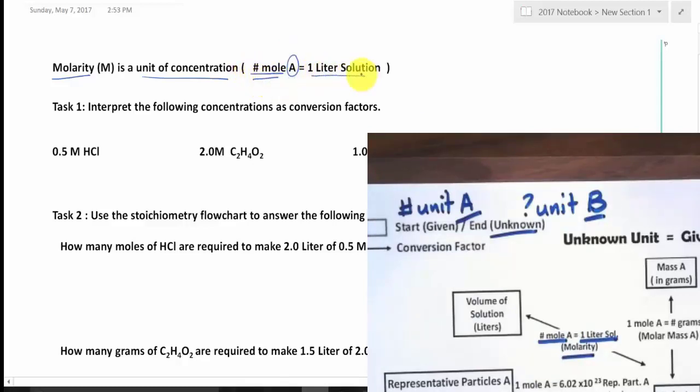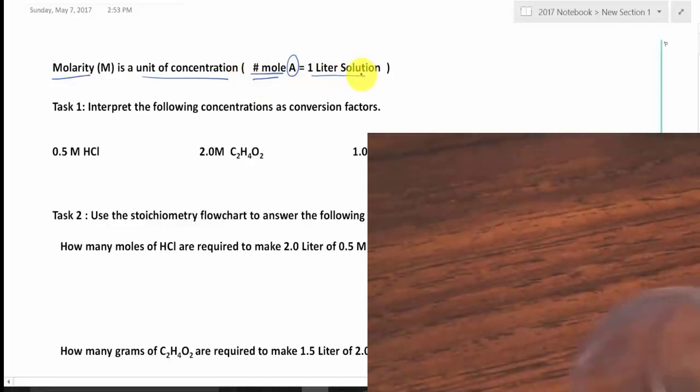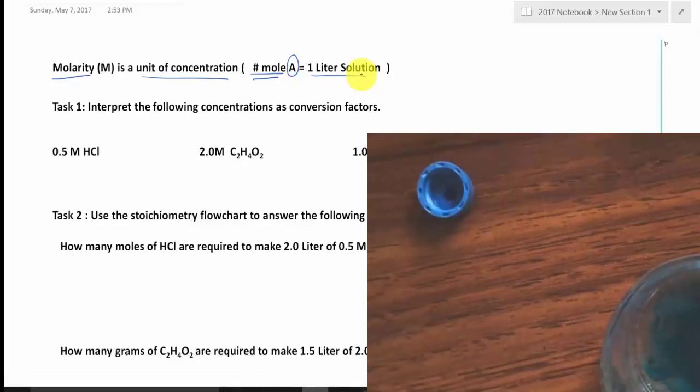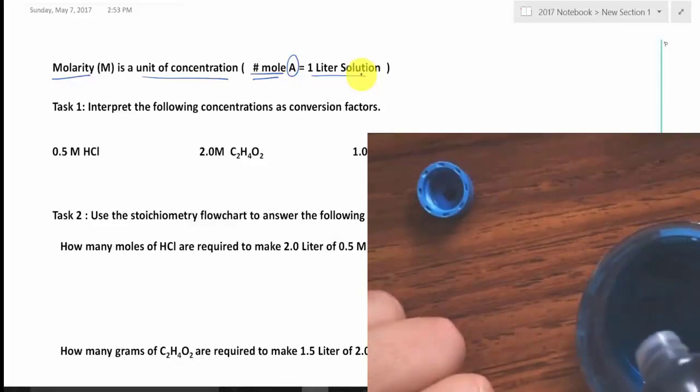So to demonstrate that to you, notice how I have water right there, okay? This is pure water. Let's make a solution. How do you make a solution? You just mix two things together and they dissolve each other. In this case, I have this right here. Look what happened. See right there? It is somewhat light blue still, right? But what happened when I added more of it?